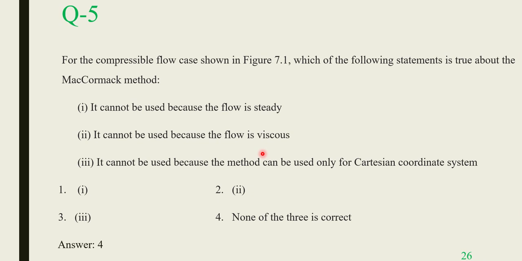So in the McCormack scheme, we have one major issue. That is, this is an explicit scheme, so stability comes into the picture. How we deal with stability in such cases is that we have to take a very small time step.